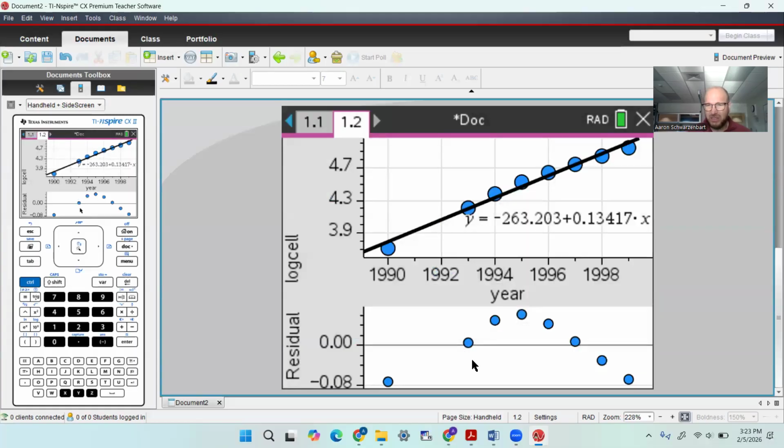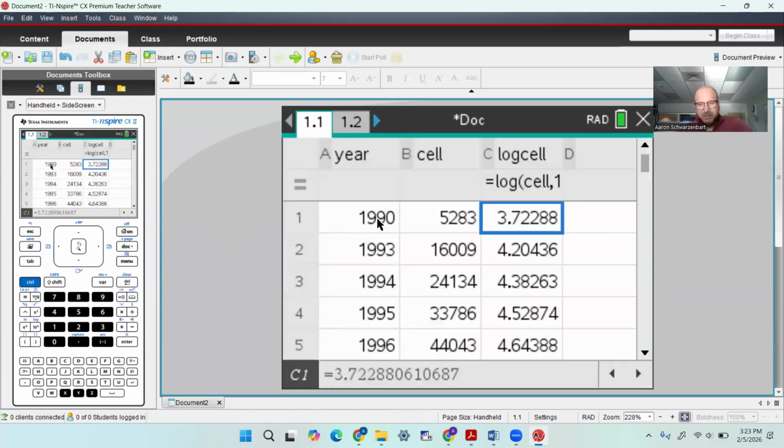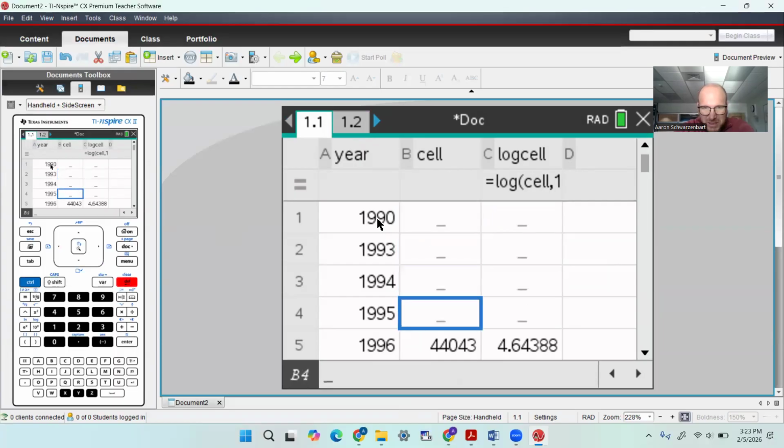I definitely have a pattern here, so I probably need to do something differently. What probably happened is the trend changed here in 1996. So I'm going to go back to my data and get rid of my data before 1996.